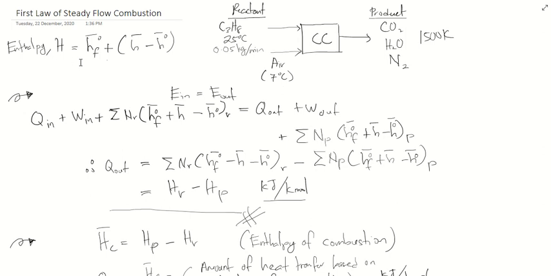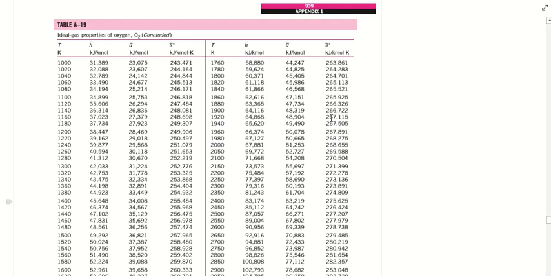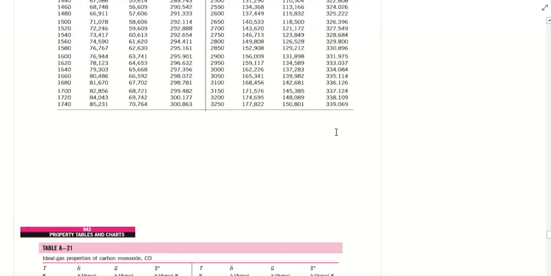Okay, enthalpy. Enthalpy is calculated using this one. First is what we call the enthalpy of formation. This one you can determine from Table A26. So let's take a look. Table A26.